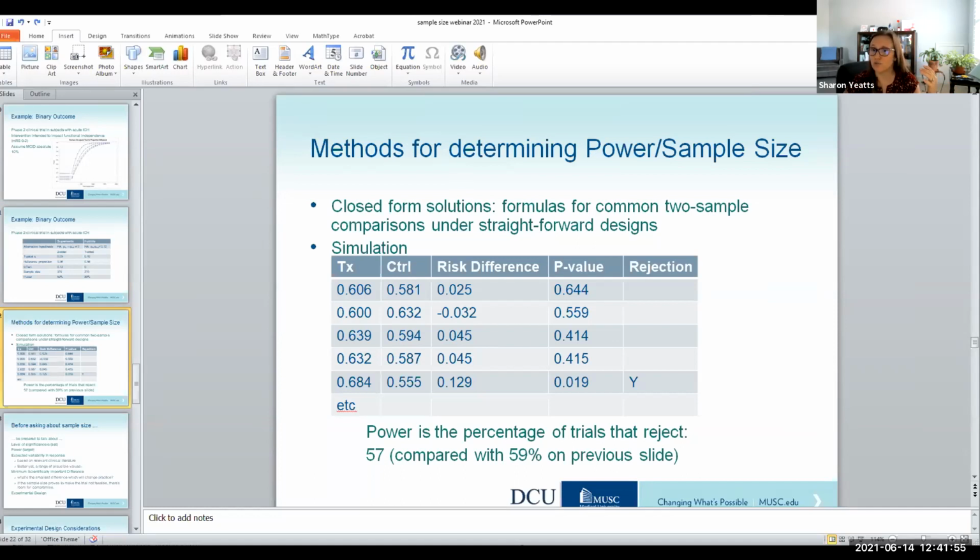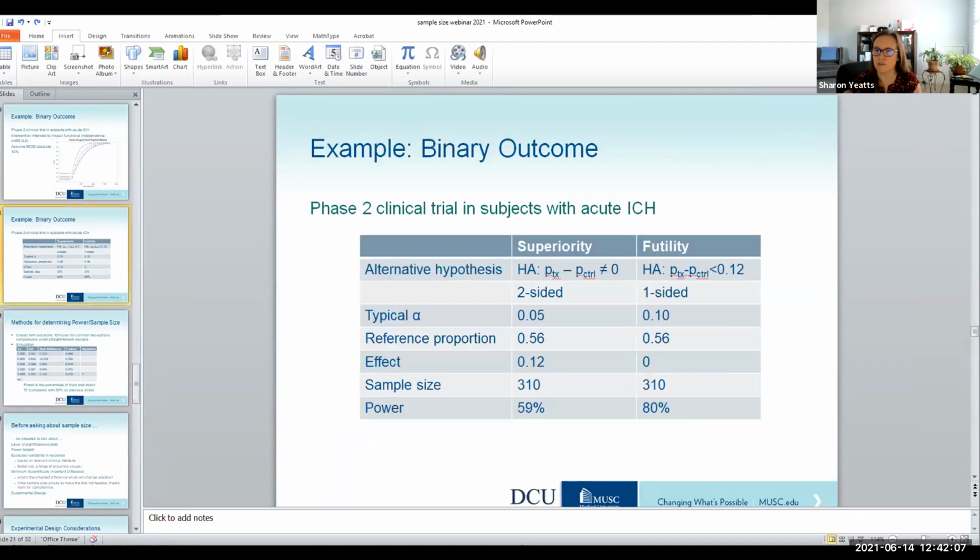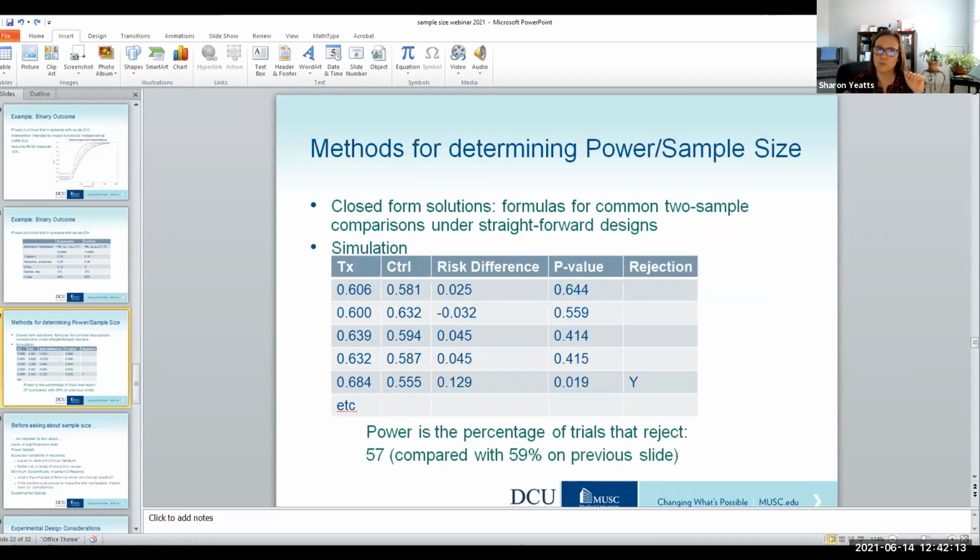I only showed you 5 here, but over those 1,000 trials, 57% of my simulated trials rejected the null hypothesis. And that's compared with the 59% that we had from the closed form solution. You might expect that as the number of simulations increases, you might get a more precise estimate.